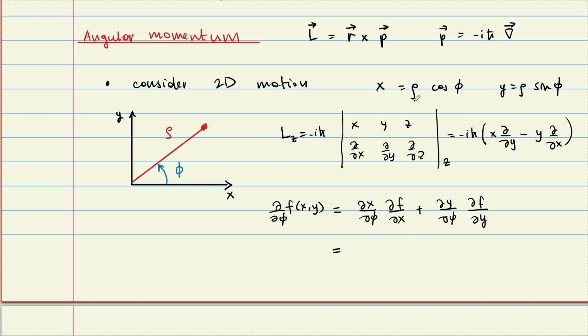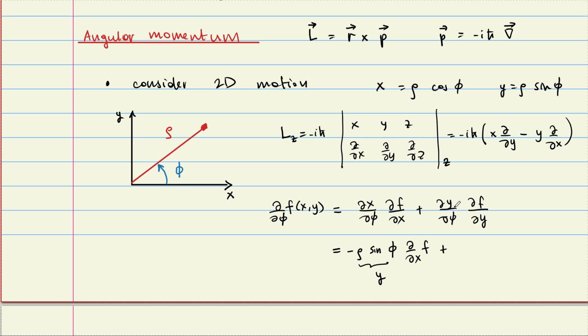And from ∂x/∂φ, I have ρ, right? ρ, the derivative of cosine is minus sine φ, ∂f/∂x, but ρ sine φ is y, right?